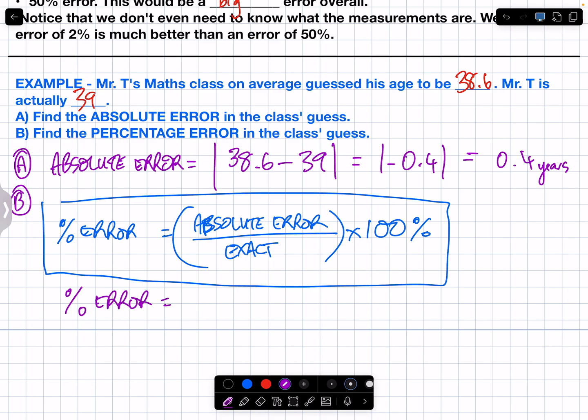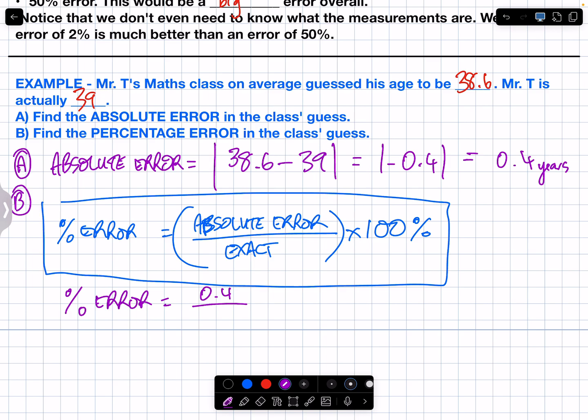So yeah, because we did it live, I can't control what your answer was. Do you agree that your absolute error was pretty small? You're quite close to the real thing. So also, because your absolute error was quite small, how's that gonna make your percentage error? Is that gonna be even smaller? You were pretty right before. So how do we do the percentage error? Well, your absolute error was 0.4 divided by, what was the exact amount?